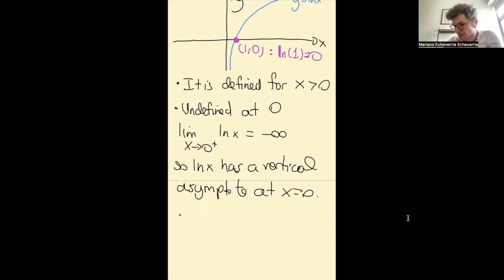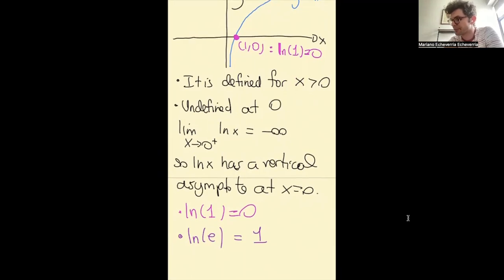Let me write it here because this is one of the important values of natural log. Everyone should definitely know ln of 1 equals 0. And another important value that's useful to know is that ln of e, the number e, is 1.